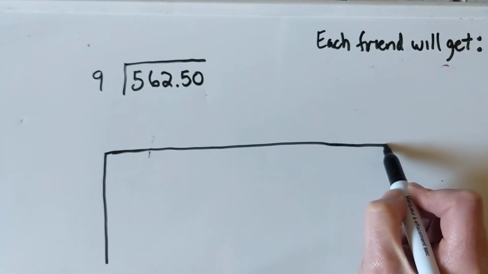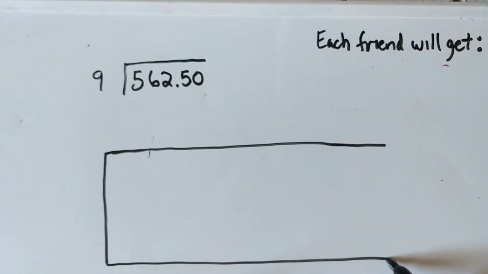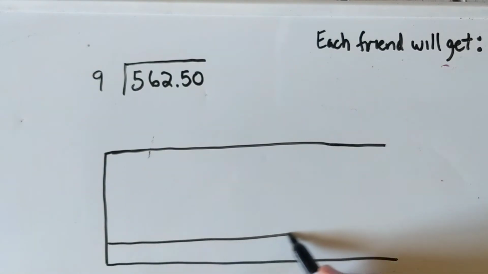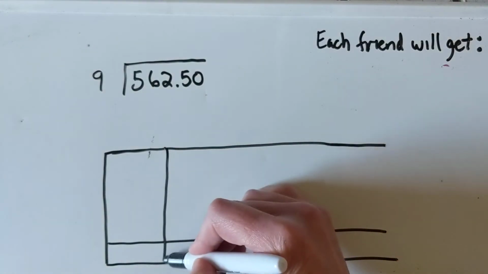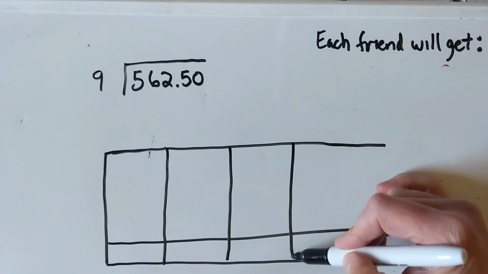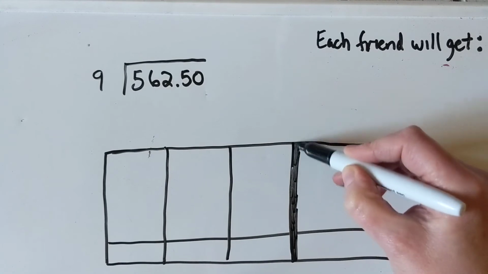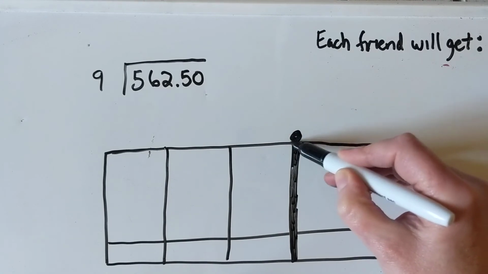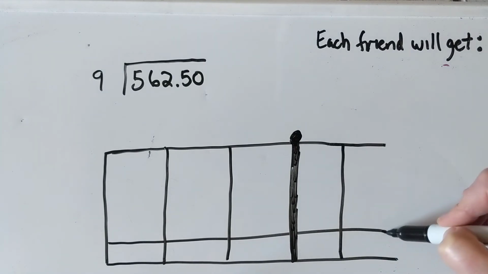Okay, your big division symbol. And now we're going to finish that off with the fusion machine here. So I need a 100 section, a 10 section, a 1 section, and right after that is going to come my decimal. Okay, and then I get my tenths and hundredths.